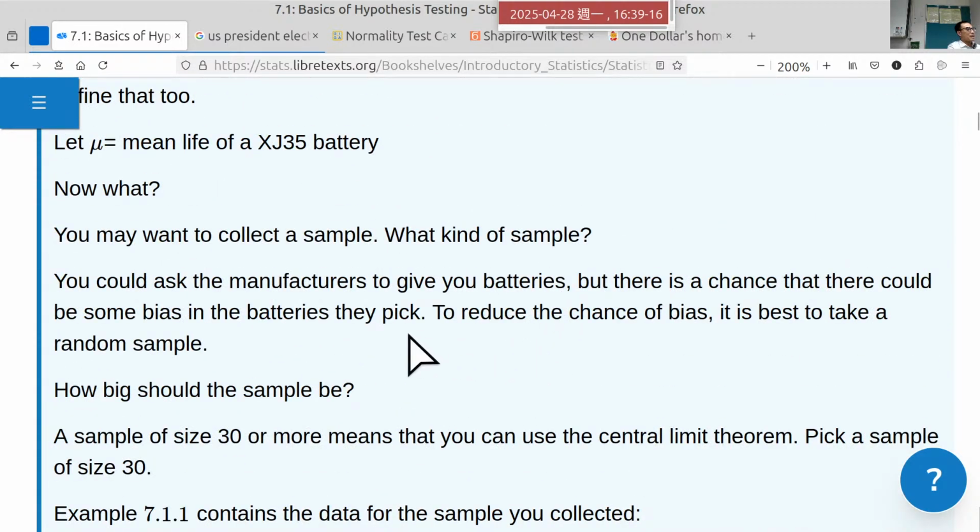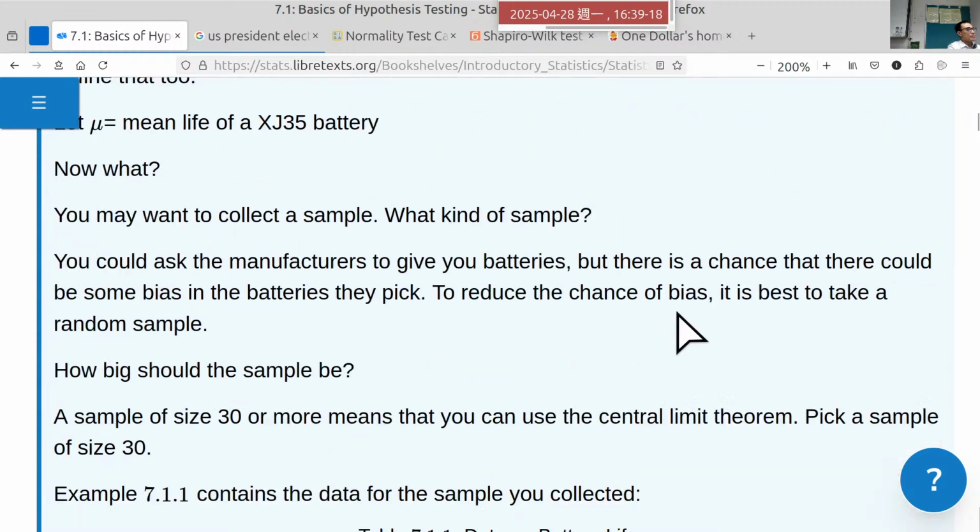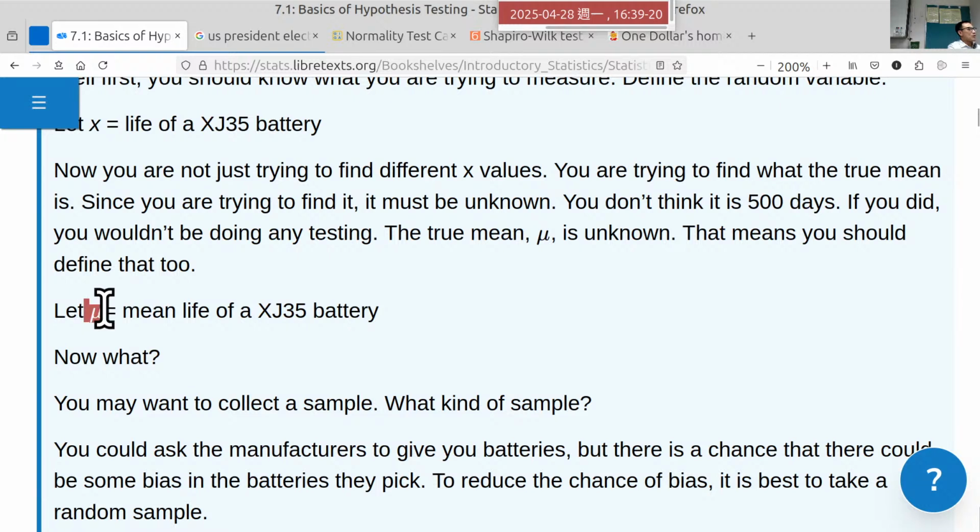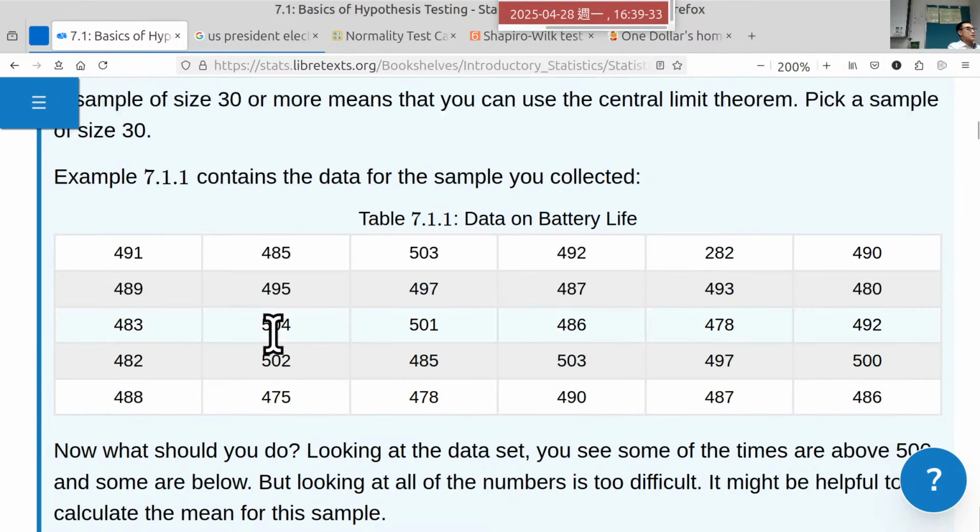Again, here, mu is the population mean, but it's impossible to get the whole population mean. It's impossible because we don't have enough money and labor and time. Thus, this question picks 30 batteries to test the life of that.